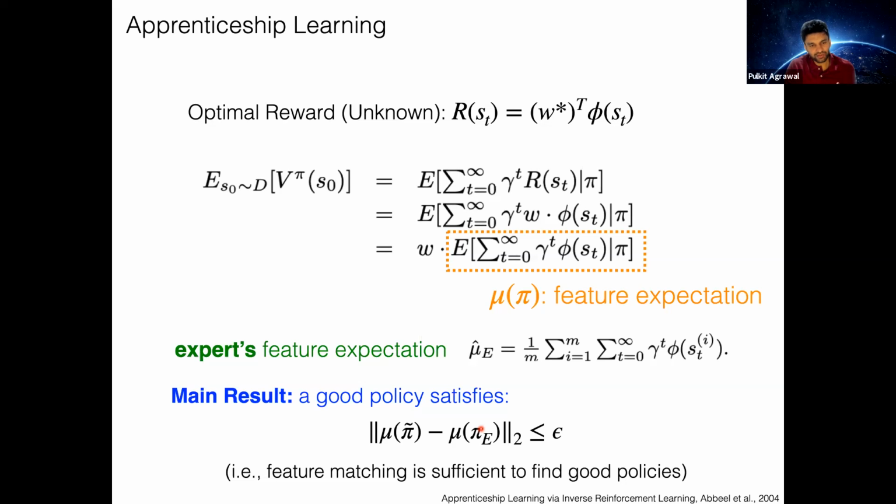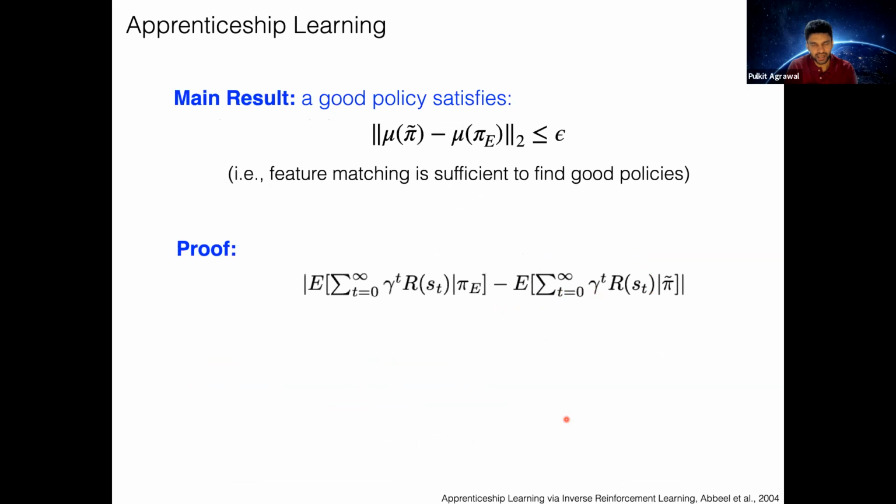So instead of trying to infer the reward function and then optimize it, we can also think of IRL as trying to do feature matching. And this equivalence is valid in case of linear reward functions. And we can prove it quite easily.